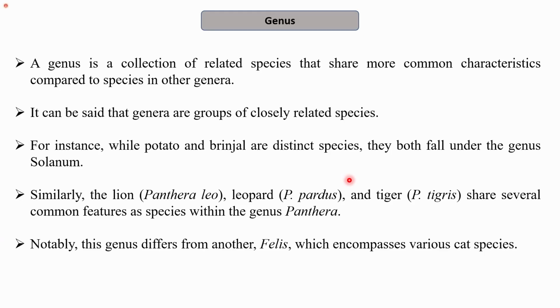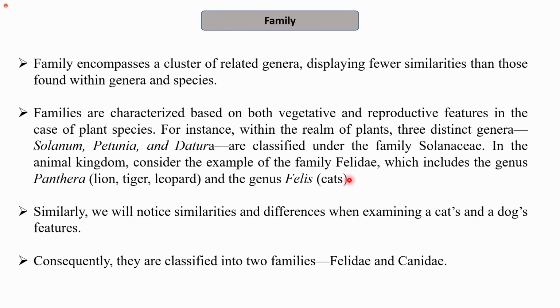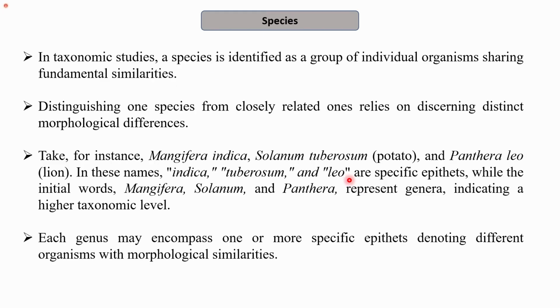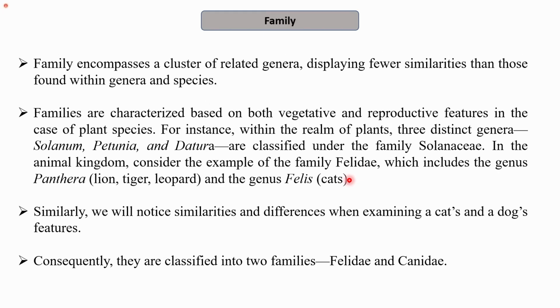Now, above the genus we have family. In taxonomy, family encompasses a cluster of related genera. The concept is the same, similar to what we have studied at the genus level. Genus encompasses a group of related species.